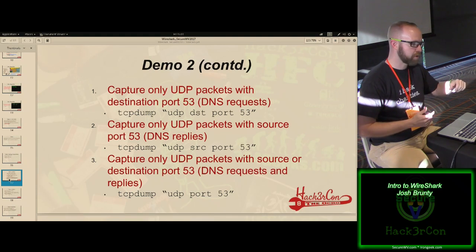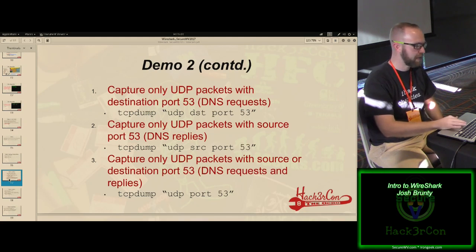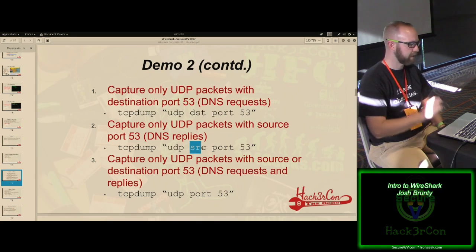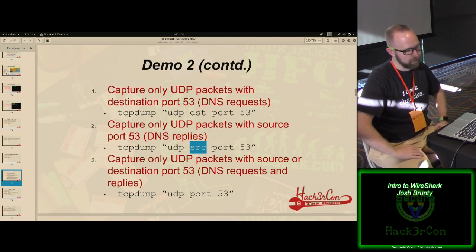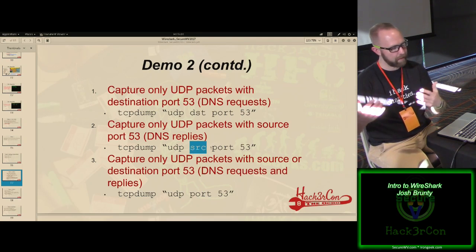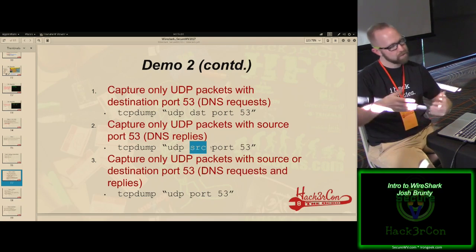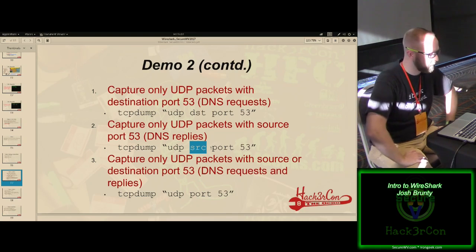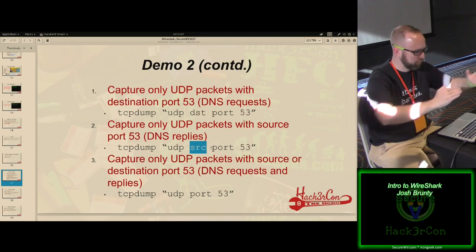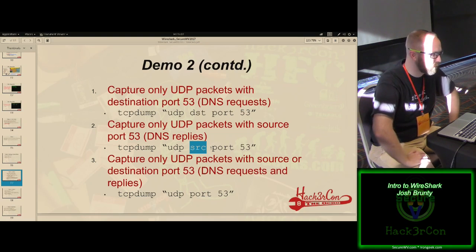You can also specify whether you want a source or destination port, through a dst or an src command built in. So you can tell it, I only want to see UDP source port 53, to see what machines are using UDP and filter out what machines are living on my network at a certain point in time.